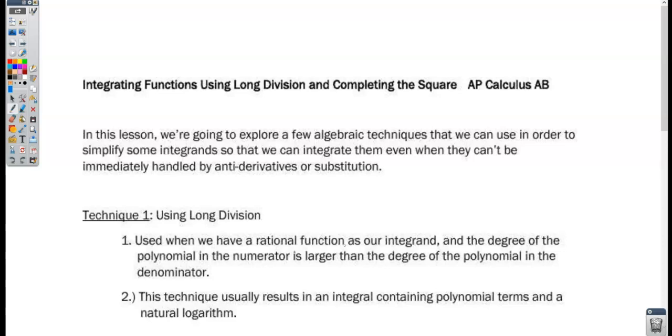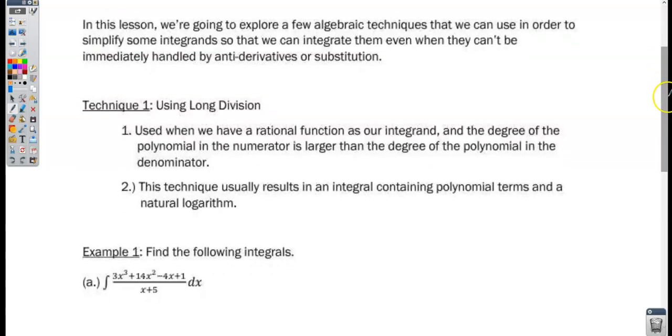The first technique, using long division, and hopefully everybody remembers how to do long division from before. If you don't, you'll get a quick little refresher while we do these problems. But generally this technique is used when we have a rational function as our integrand, which you see here, and the degree of the polynomial in the numerator is, it says here larger. I'm actually going to say larger than or equal to.